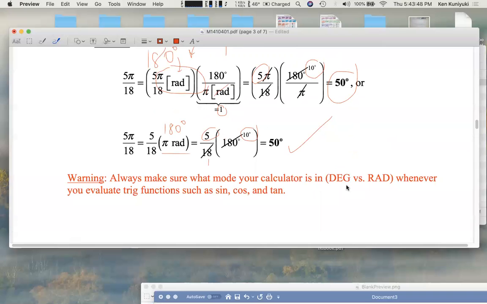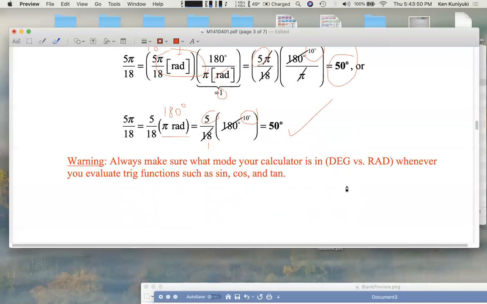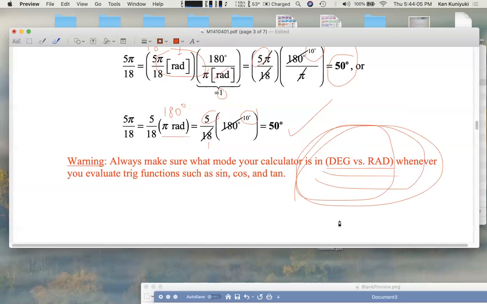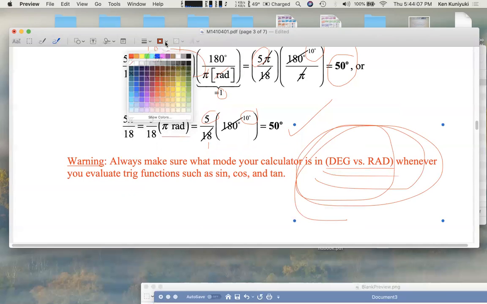All right. Now, one key observation. When you're calculating sine of something or cosine of something on your calculator, make sure you're in the right mode. Because sine of 50 degrees may be very, very different from sine of 50 radians. Make sure you're in the right mode. I'll put another color to emphasize that.